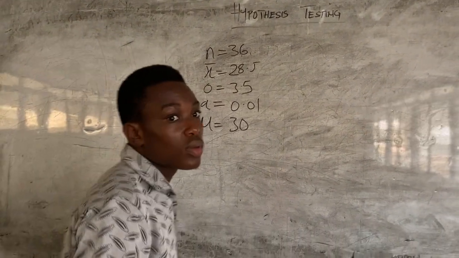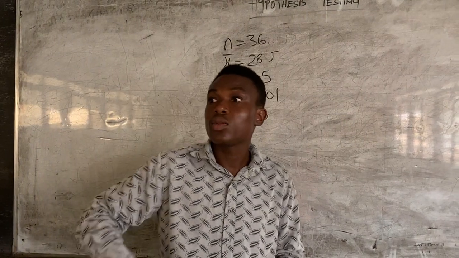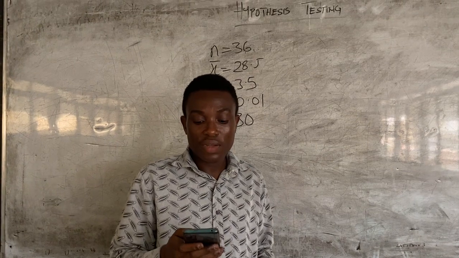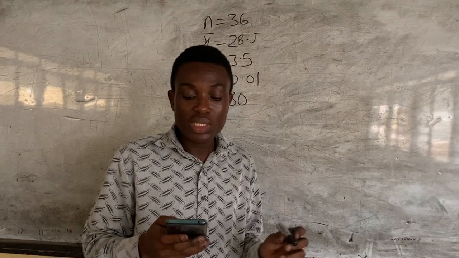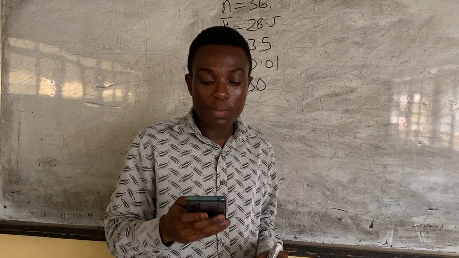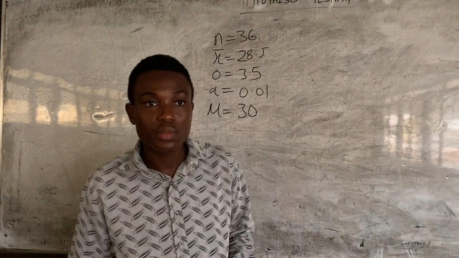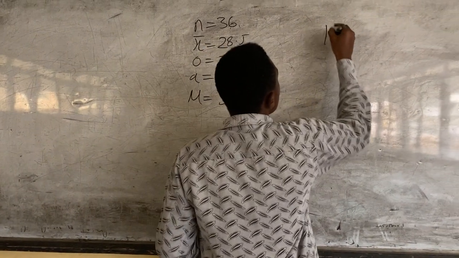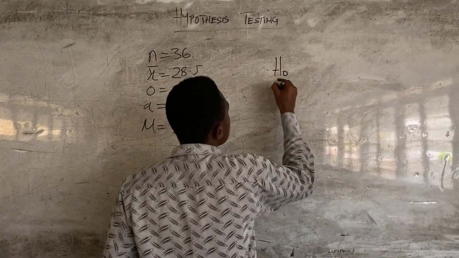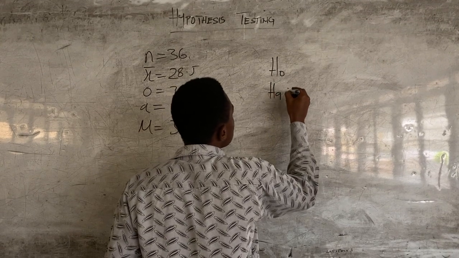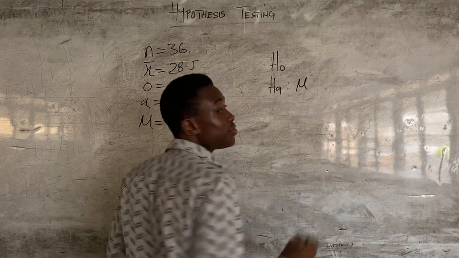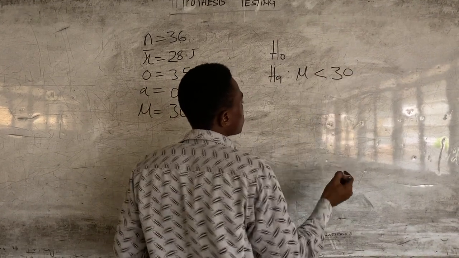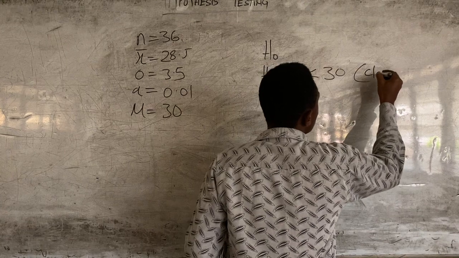So first of all, let's state our null and alternative hypothesis. The question says a pizza shop claims that its mean delivery time is less than 30. So the mean delivery time is less than 30, and this makes the alternative hypothesis the claim.